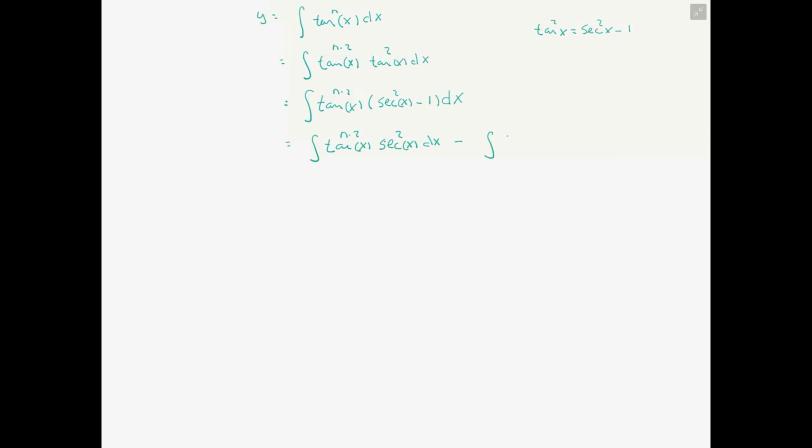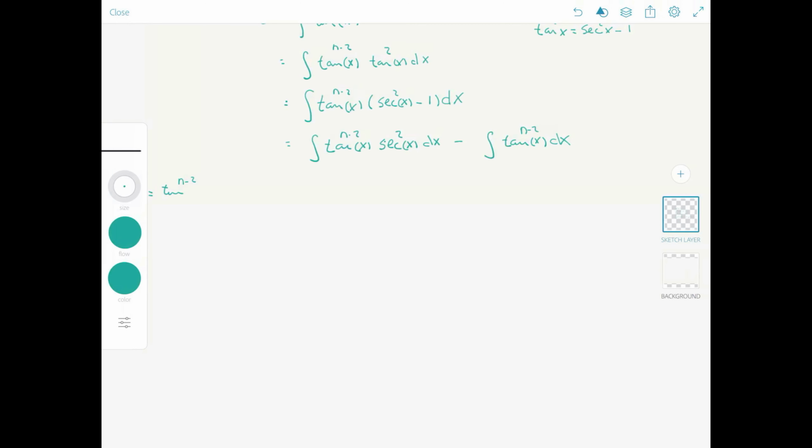And then we can split this up. Tangent n minus 2 x secant squared x dx minus tangent n minus 2 x dx.